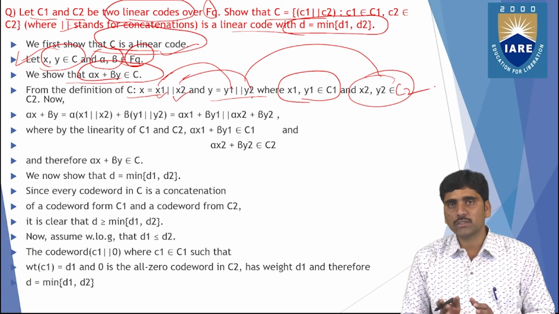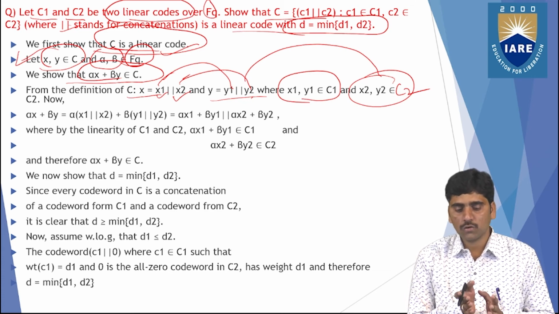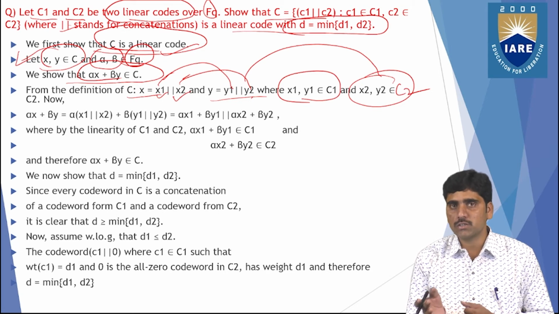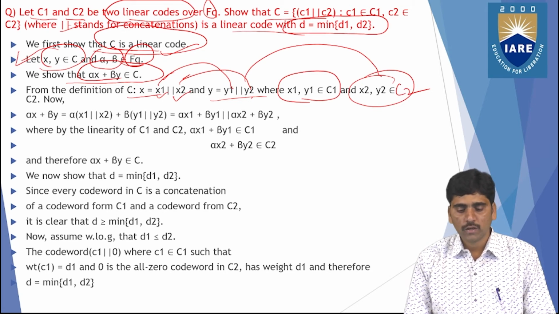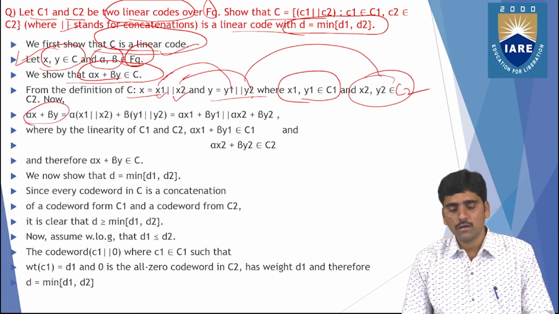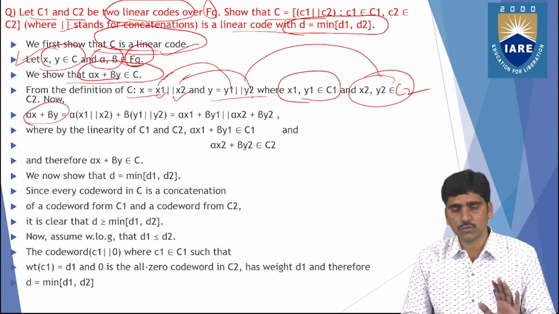So that means the x1, y1 vectors are going to be one group, and the x2, y2 vectors are going to be the C2 group, right? So now we need to write alpha x plus beta y. We need to show that alpha x plus beta y belongs to the same group or same coset.